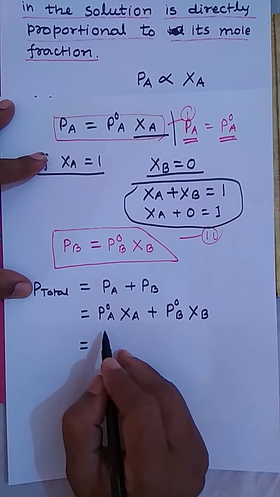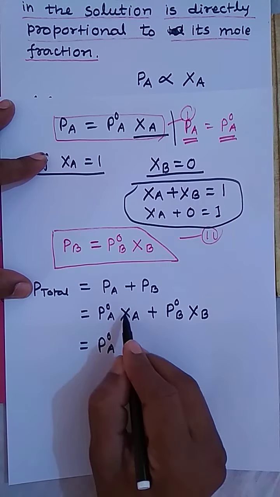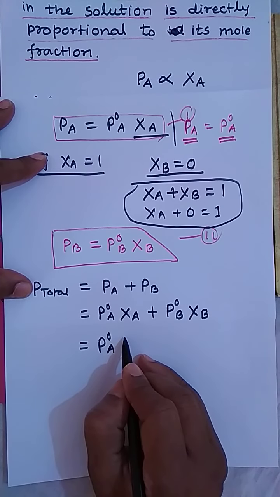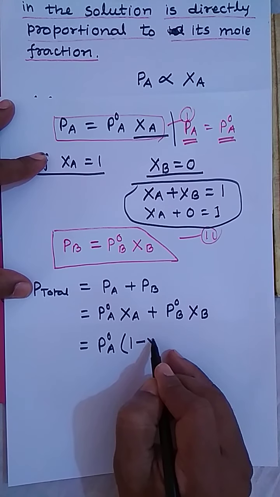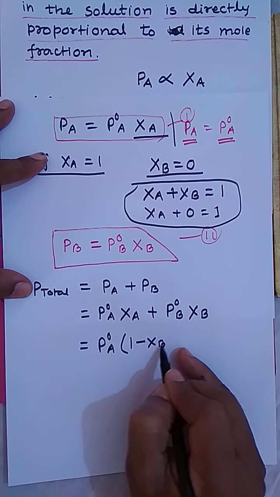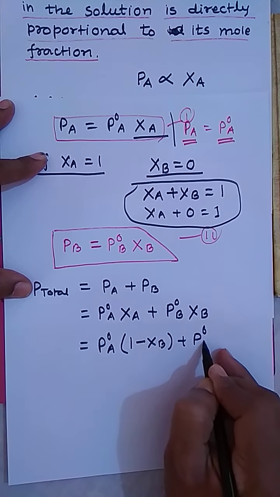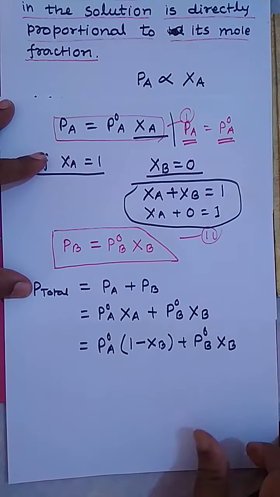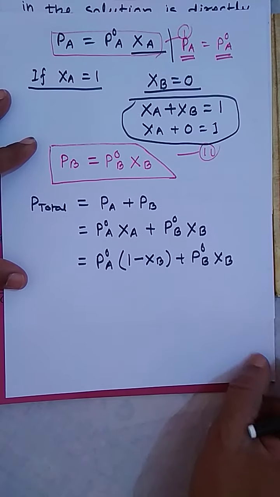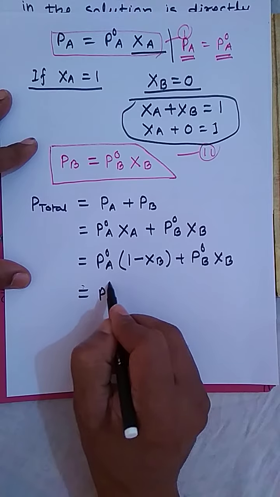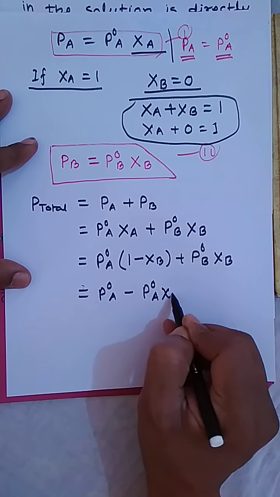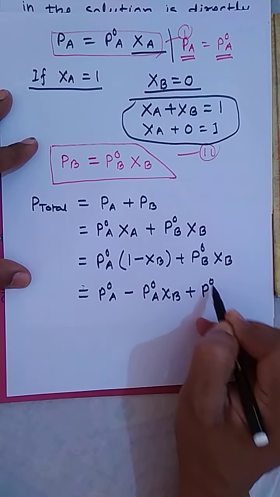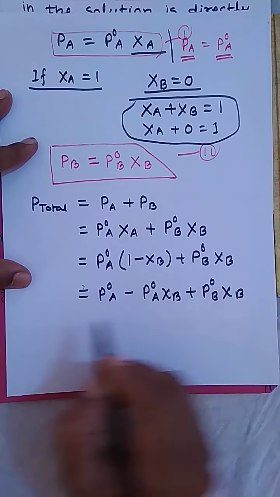Now you can write XA in terms of XB. So definitely this is P naught A times 1 minus XB, plus P naught B XB, or you can write P naught A minus P naught A XB plus P naught B XB.